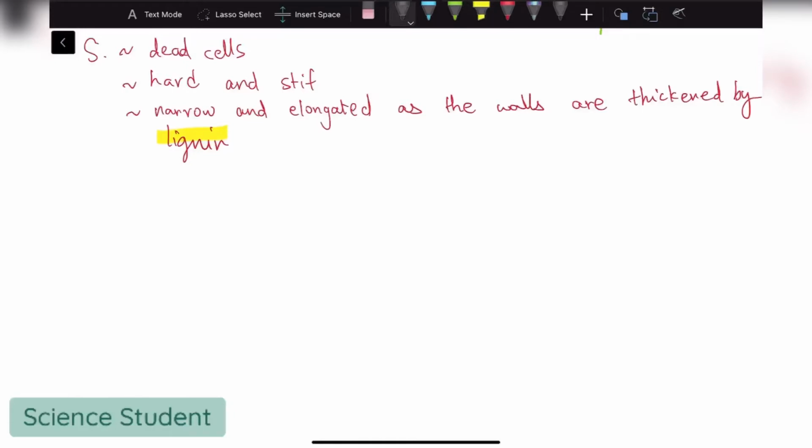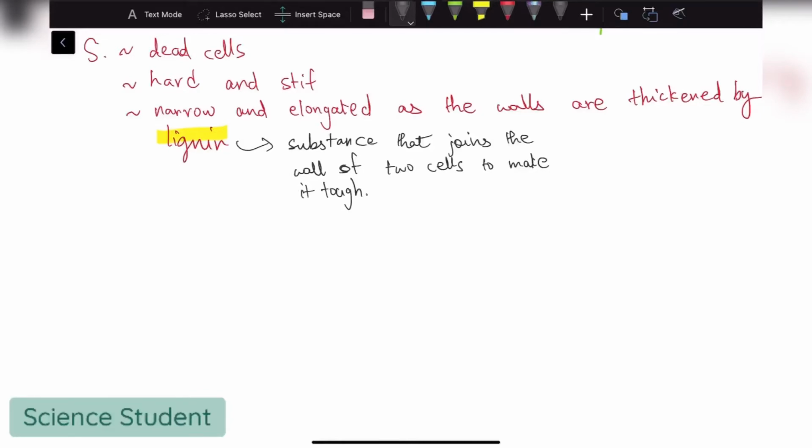So lignin is a substance that joins the walls of two cells to make it tough. Very strong material is lignin.